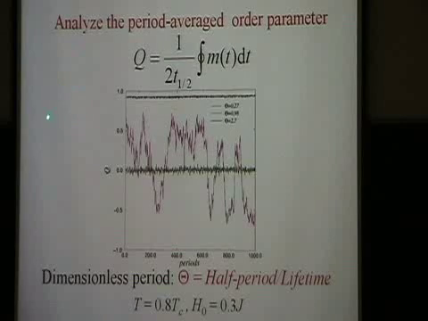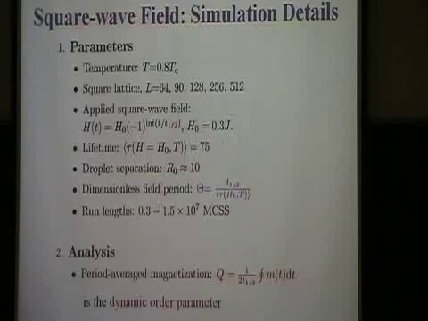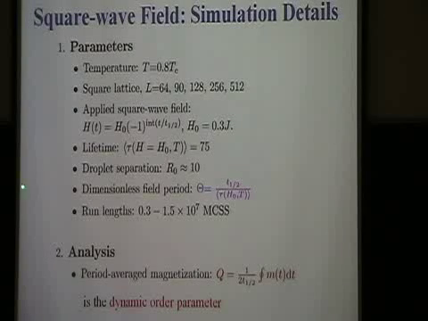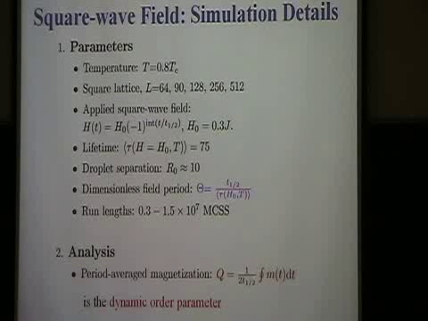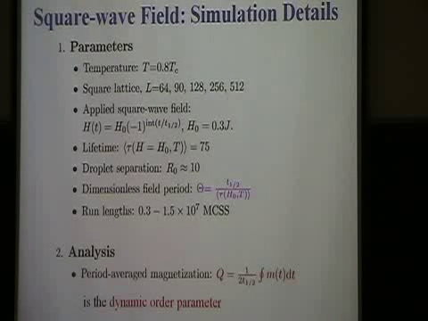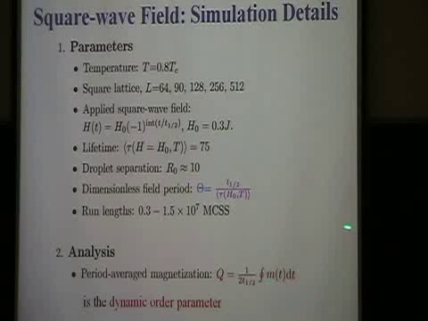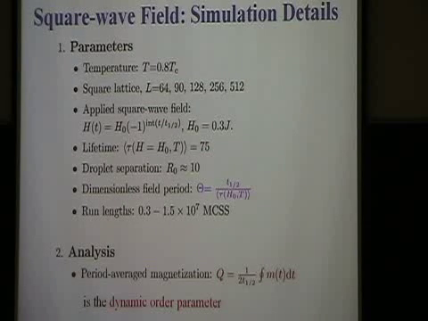Okay, so now the analysis here. We're going to define a dynamic order parameter, and that is going to be the period-averaged magnetization, so averaging the magnetization over a full period of the applied field.